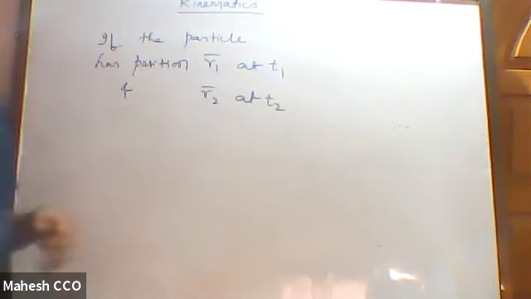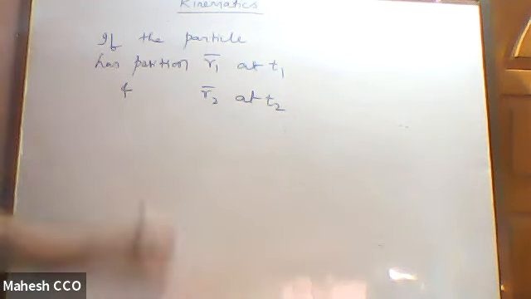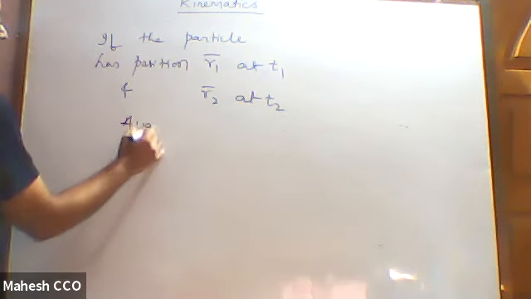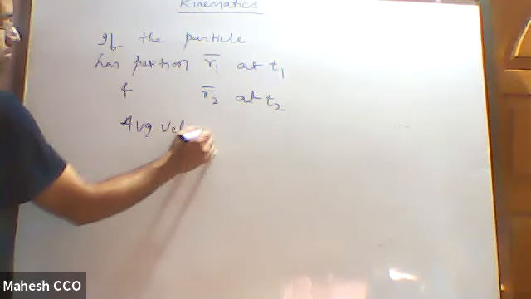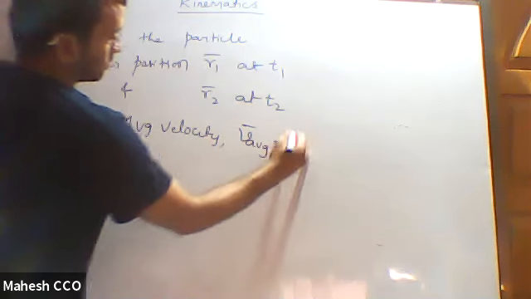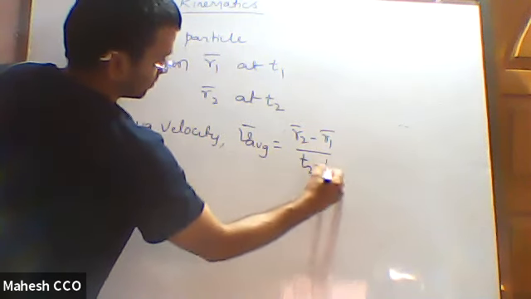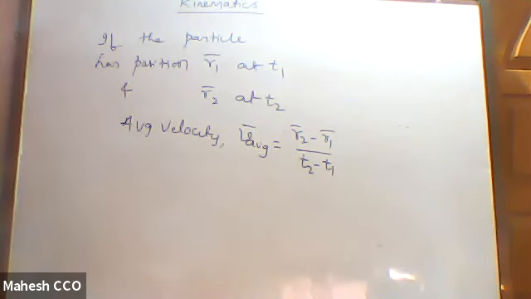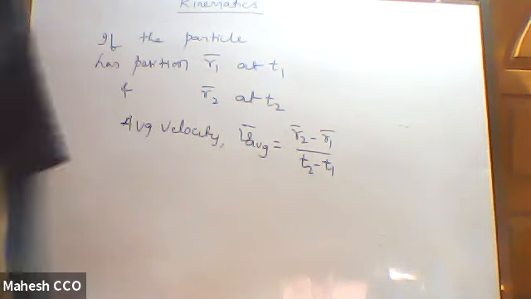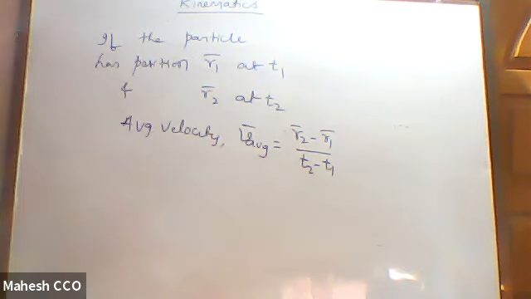R2 bar minus r1 bar. What is the time taken? T2 minus T1. Then the average velocity is given by R2 bar minus R1 bar upon T2 minus T1. R2 bar minus R1 bar is nothing but displacement.